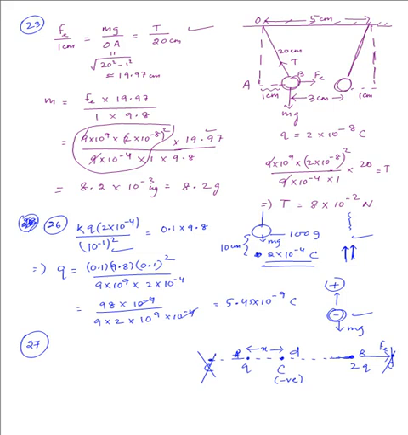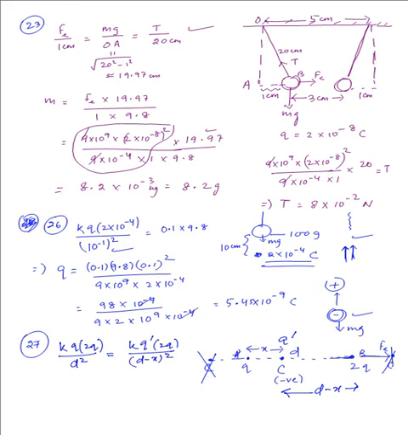So the force between A and B is given by k Q 2Q over d squared. This is the force between A and B, and that will be balanced by k, and we take this as Q prime, so k Q prime times 2Q divided by the distance, which is d minus x, whole squared.